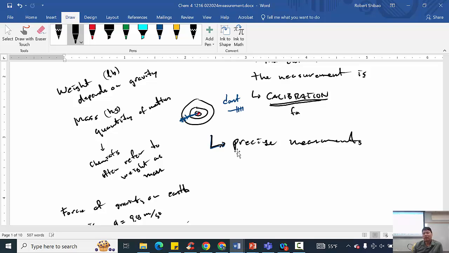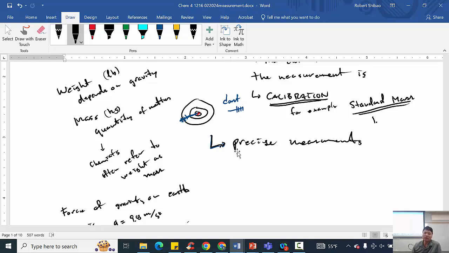And so, for example, a standard mass can be used. If we have something that we know weighs, let's say, 1 kilogram, in fact, usually standard masses, we try to be as precise as possible.